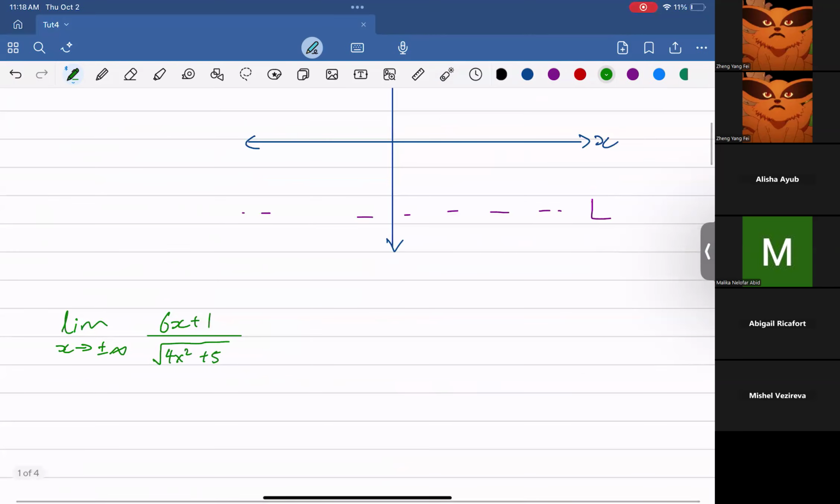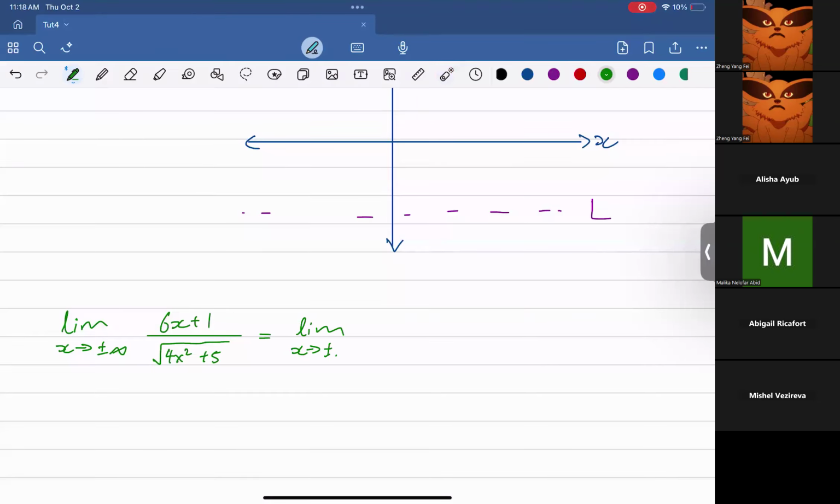What I'm going to try to do is, just because if you plug it in directly, you will have infinity plus 5 and then infinity plus 1, so that's not going to take us anywhere.